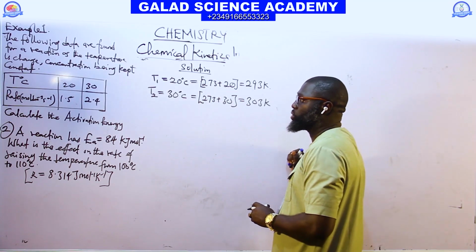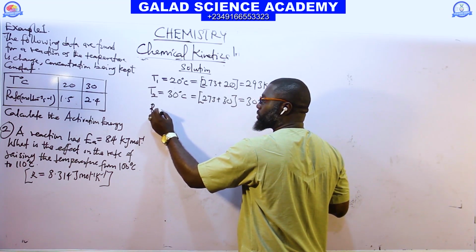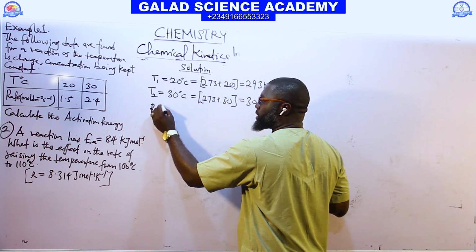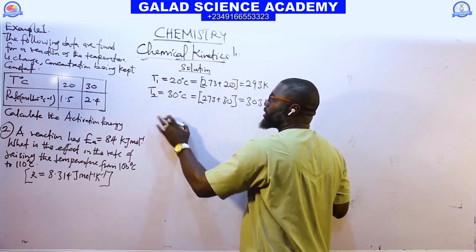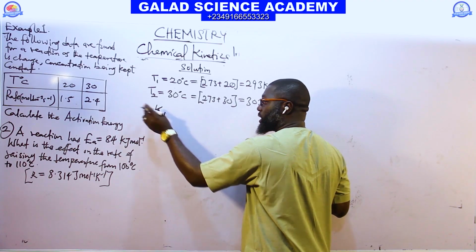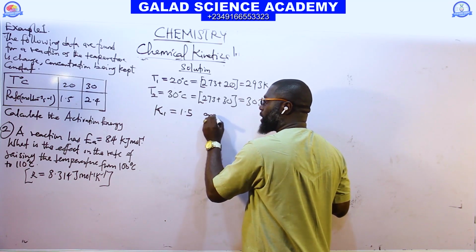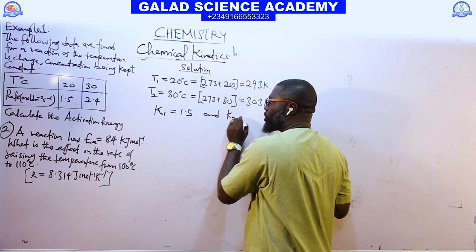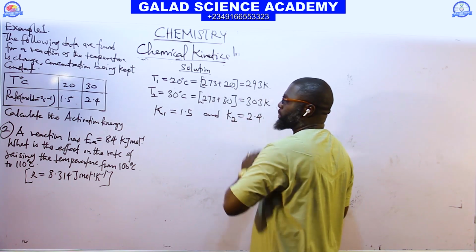The next thing is we are given the rate constants. K1, the rate constant 1, is 1.5, and K2 is 2.4.